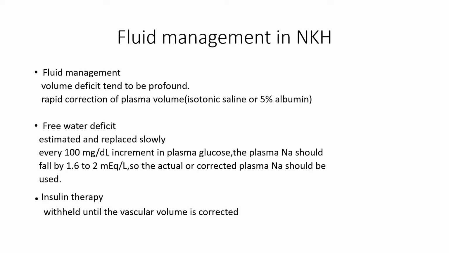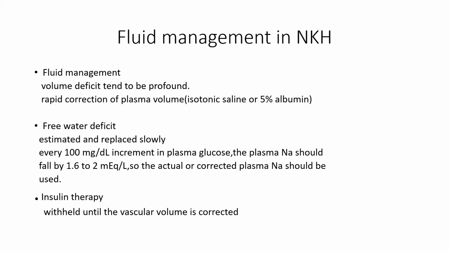Fluid management in non-ketotic hyperglycemia. Due to excessive glucose loss in the urine, you may get profound hypovolemia. So rapid volume correction with isotonic saline or 5% albumin is recommended. Free water deficit should be estimated and replaced slowly.